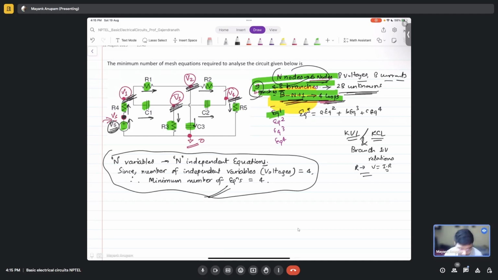When you are asked to find the minimum number of mesh equations required to analyze the circuit, you have to use this approach: find how many nodes and branches there are, and then use the formula b minus n plus 1. I hope that clears everything.